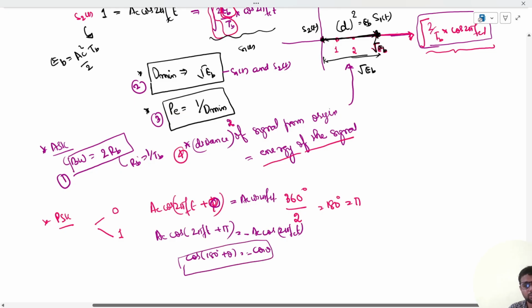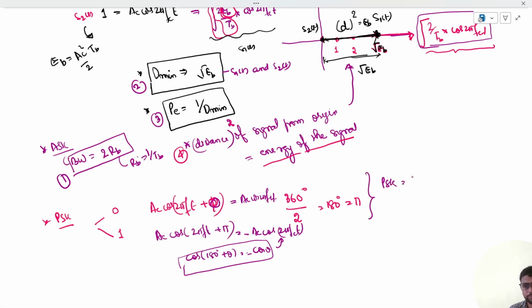Using this formula, this can be written as such. So in PSK, S1(t) is given as the simple carrier AC cos 2 pi FCT, and S2(t) is given as the negative of the carrier, minus AC cos 2 pi FCT.